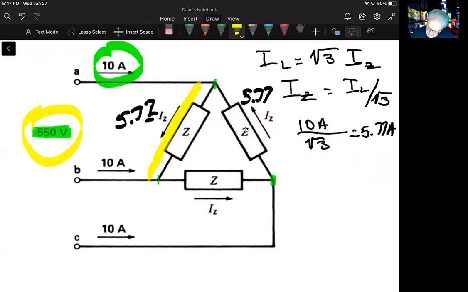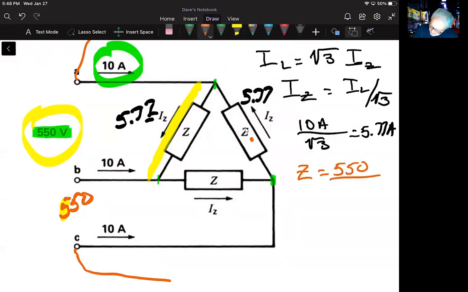This impedance sees this voltage, again 550. And this impedance here is going to see 550 volts across it as well. So Z is going to be 550 volts divided by the current, which is 5.77 amps, and that's equal to 95 ohms.